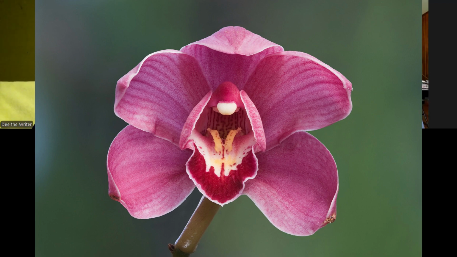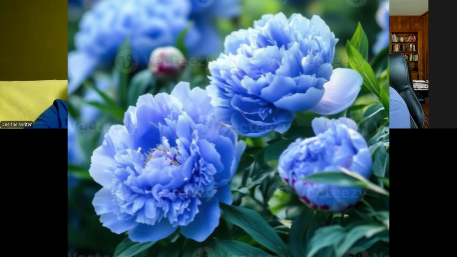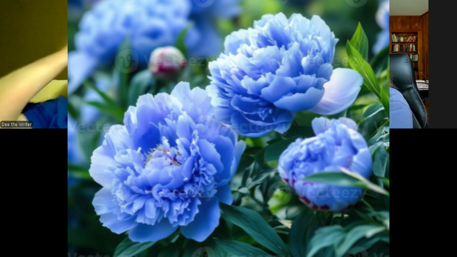You seek quality over quantity in relationships. And one that I didn't think about that popped up on this list is the peony. You see those a lot in art. The peony is romantic, sentimental, and nurturing. These people love creating beauty and comfort for the people that they care about.